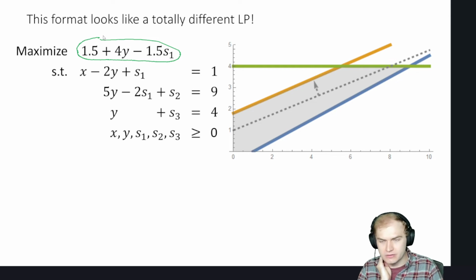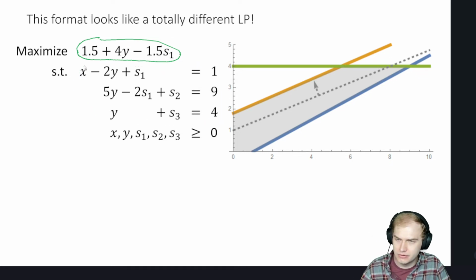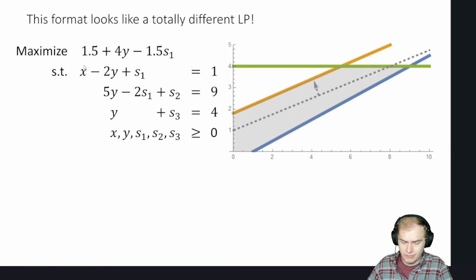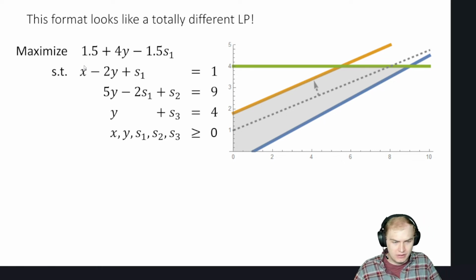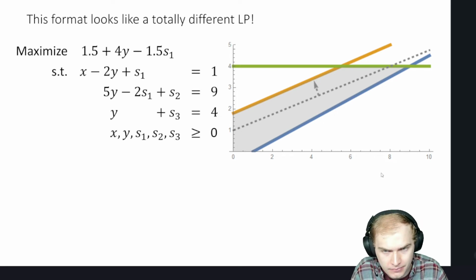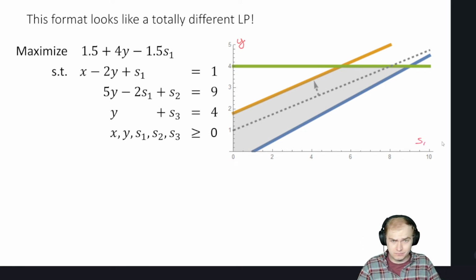And we have our new feasible region, which we computed the slide prior to that. So this looks kind of like a whole new LP. And if we plot our non-basic variables, again, this is y, and this is S1 rather than x.